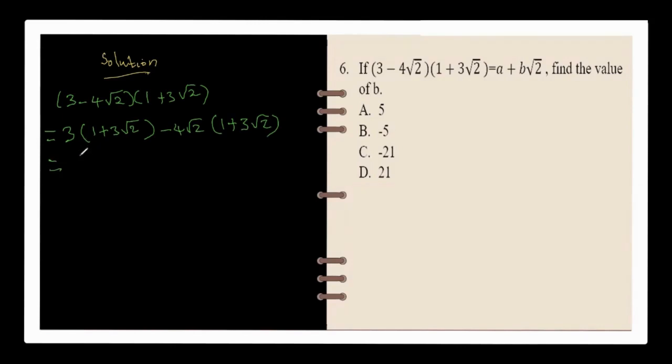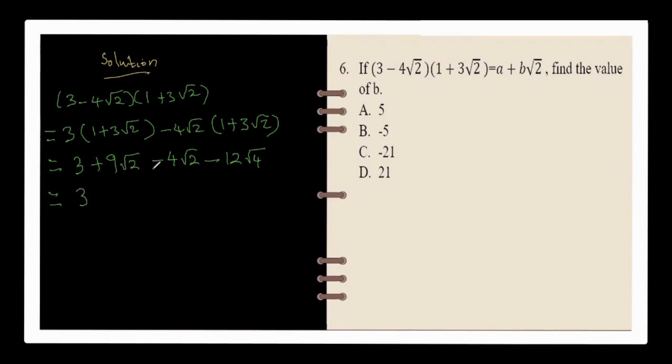So this will give us 3 times 1 is 3, 3 times 3 is 9, and then we have root 2. 4 root 2 times 1 is 4 root 2. Minus times plus is minus. 4 root 2 times 3 root 2, that will give us 12 root 4. Of course, root 2 times root 2 is root 4. Now, let's move on. We have 3.